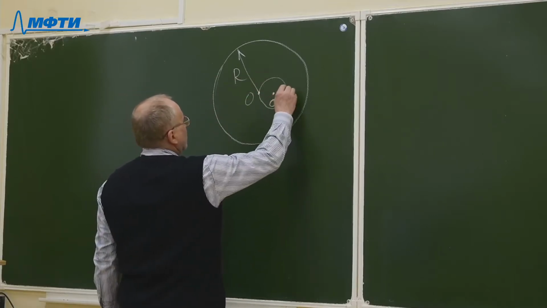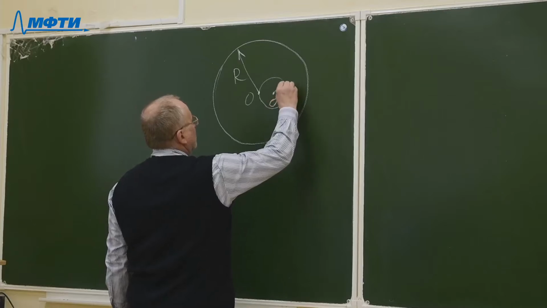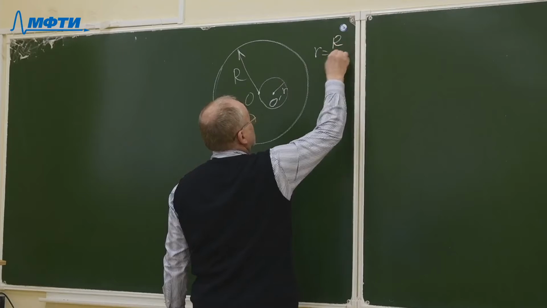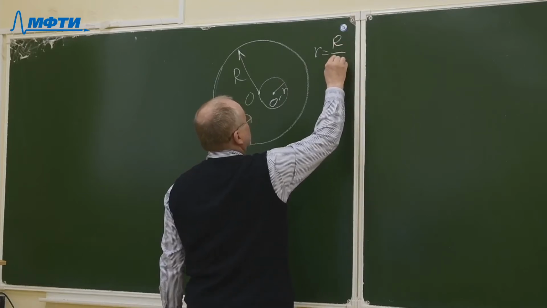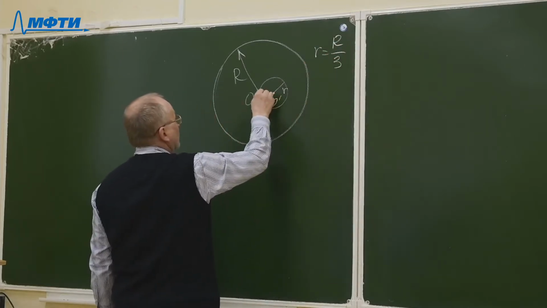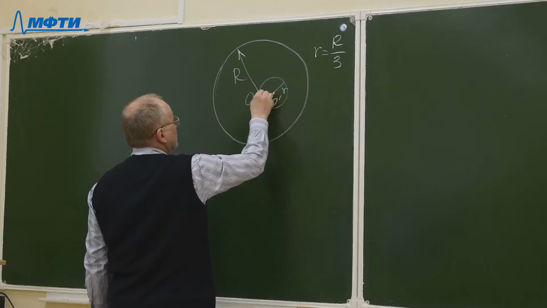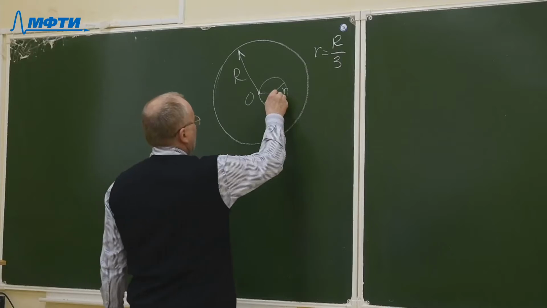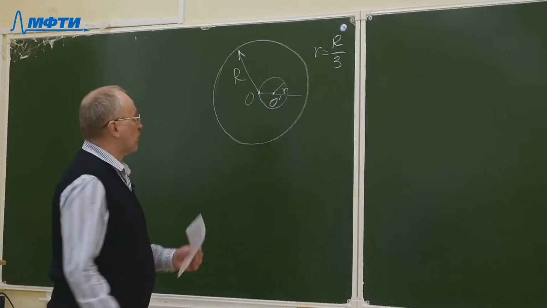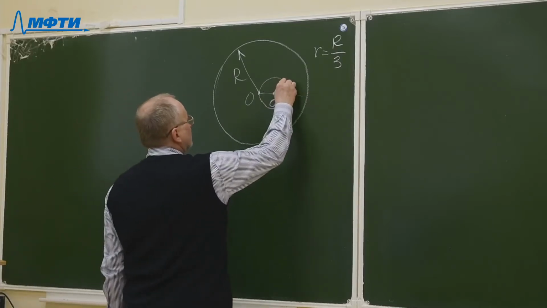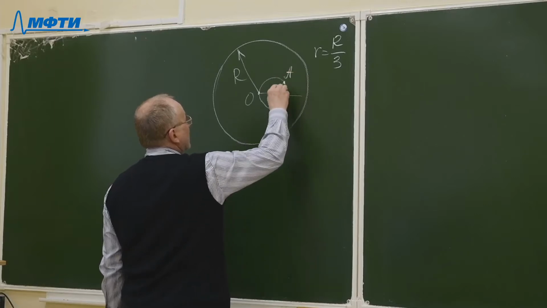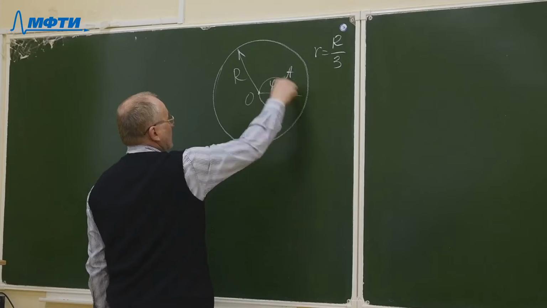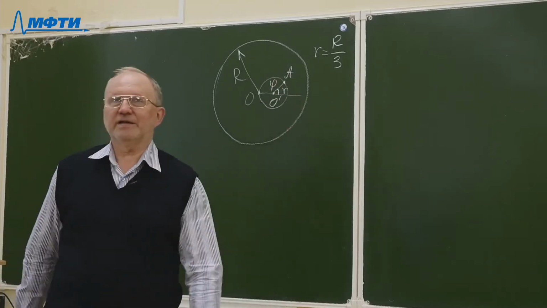And this disk has radius r small, which is uppercase R divided by 3. And according to the statement of the problem, there is point A on the rim of the small disk at some arbitrary angle, angle phi.